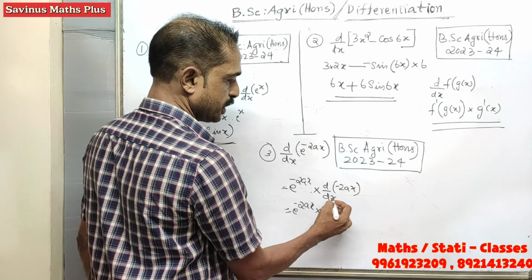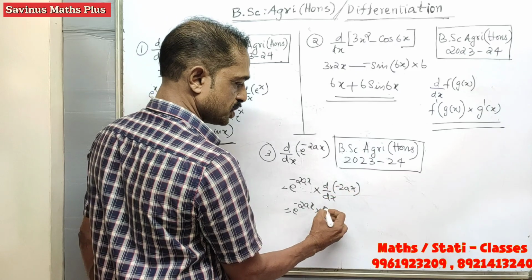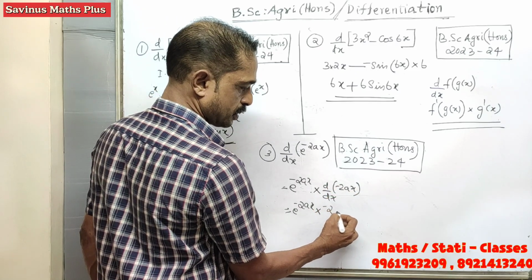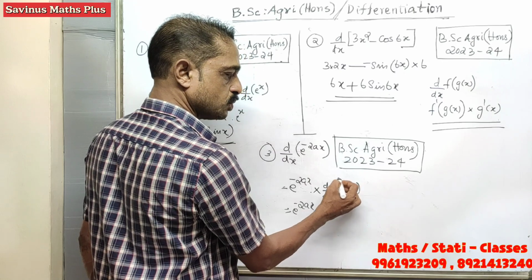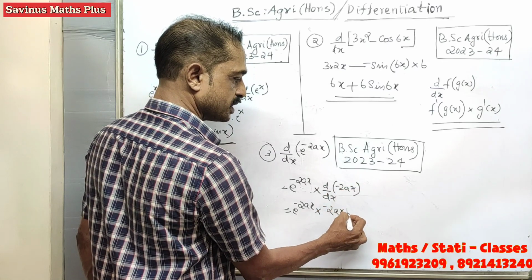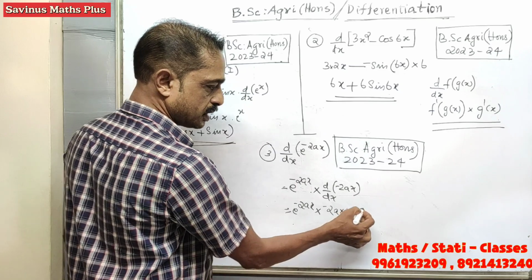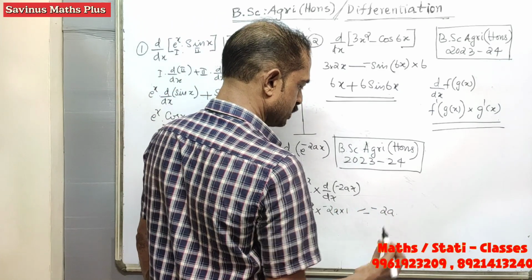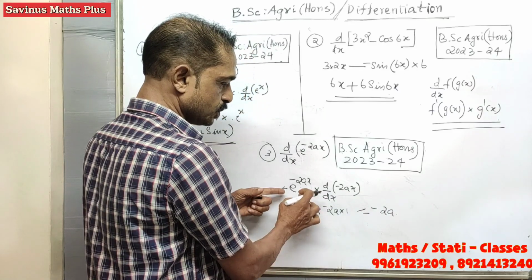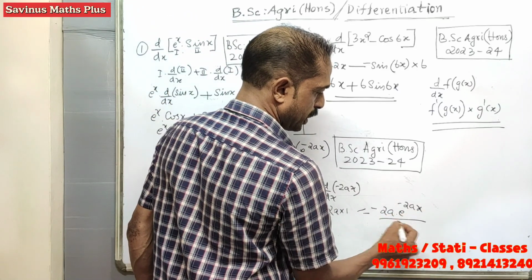Again this is the product of a constant and a function. Minus 2a is a constant, into the derivative of x with respect to x, which is 1. So we have to write this constant term first. That is minus 2a into e raised to minus 2ax.